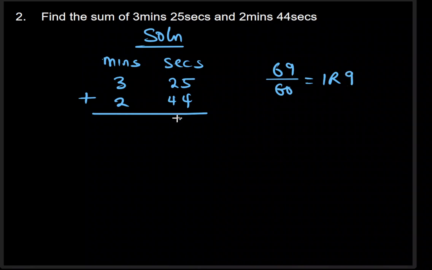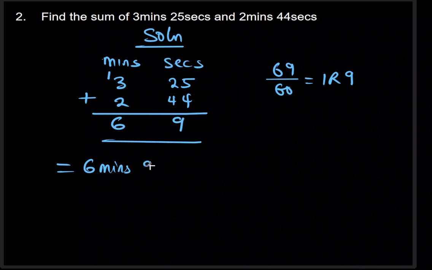So we'll be writing 9 here, and then we'll take 1 to the next unit. That will be 1 plus 3, 4, 4 plus 2, that will give us 6. So our answer here is 6 minutes 9 seconds.